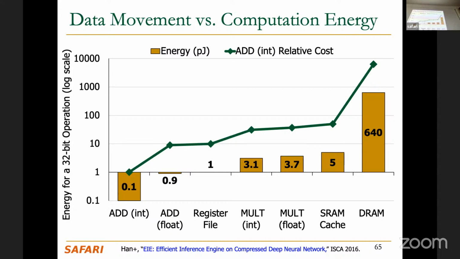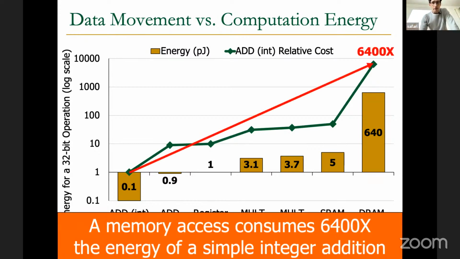You can see the huge difference in this energy consumption just for 32-bit elements. Basically 640 times more energy consumption than floating point addition. So yeah, things are not going better over time.